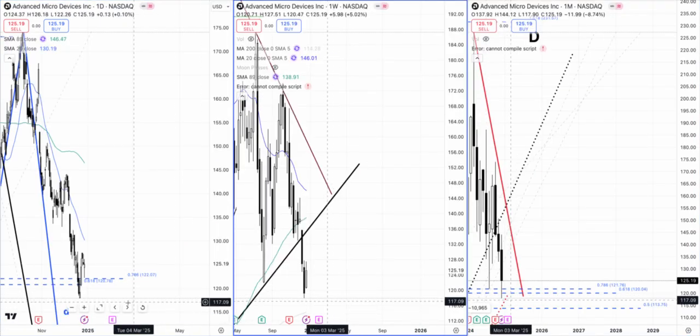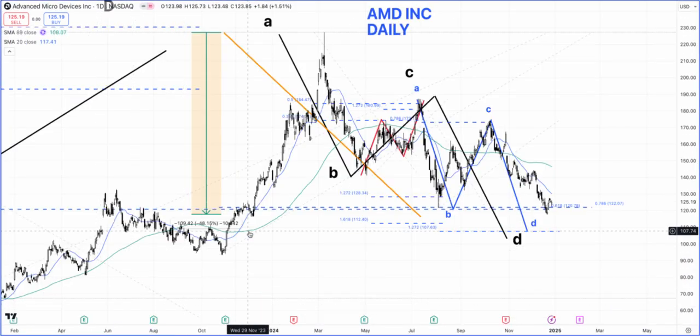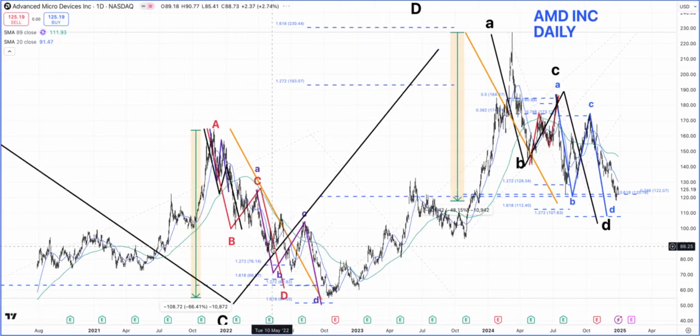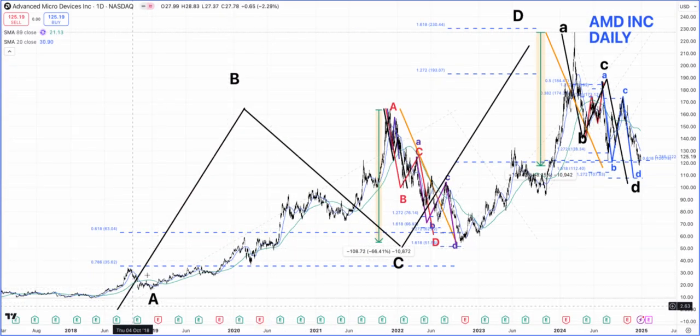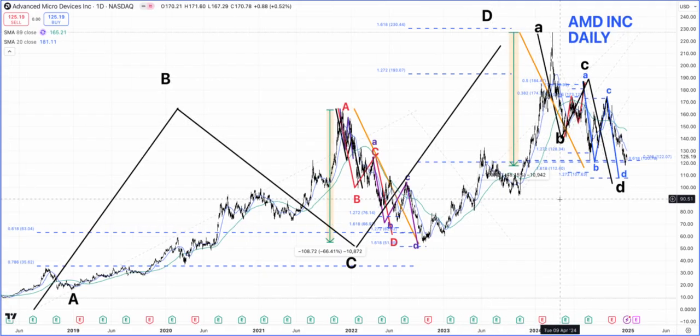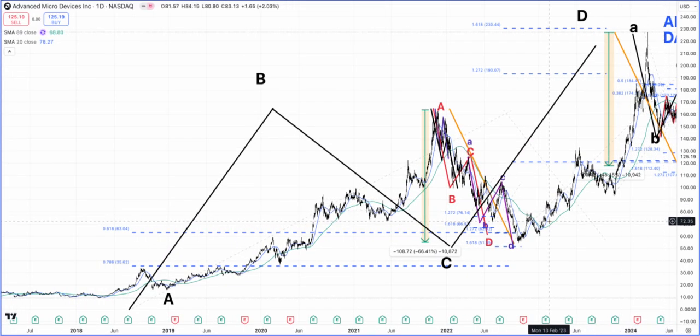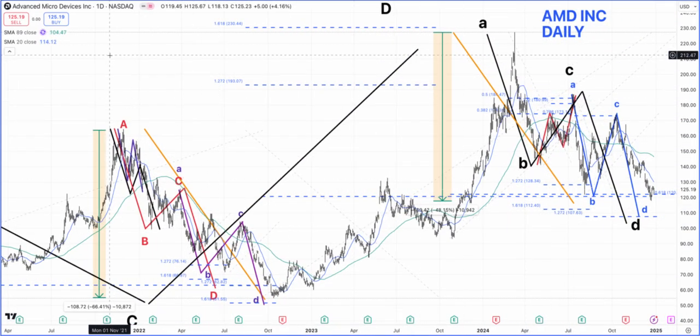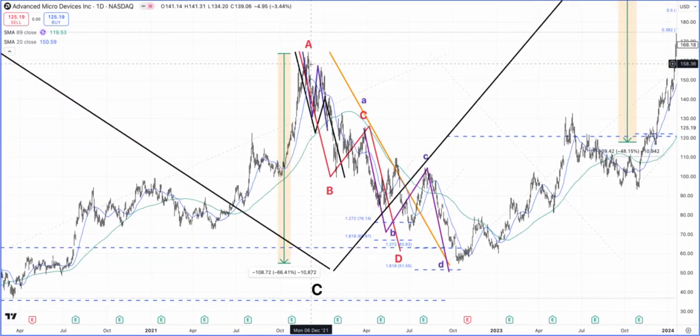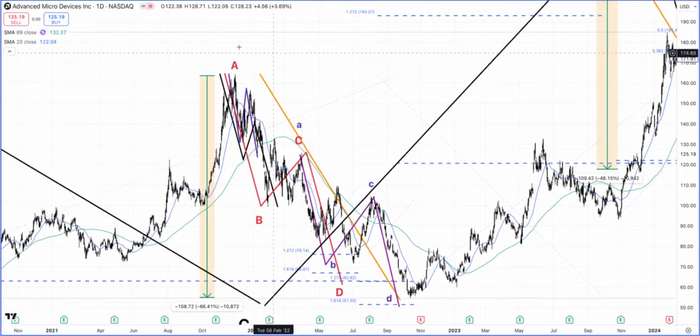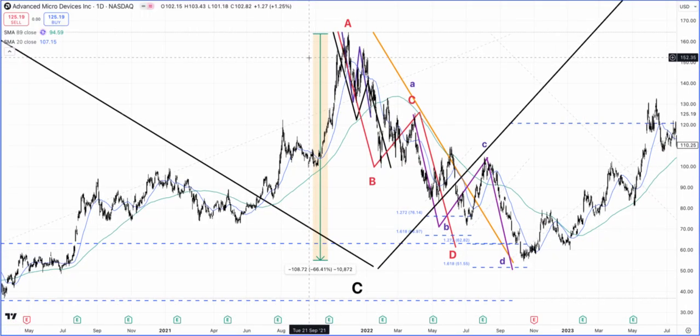Now let's go back to the daily chart. This is where it is really interesting. And here, this is the big ABCD which I've drawn, which we just saw on the monthly chart. Let's focus on the correction that took place starting in late 2021.